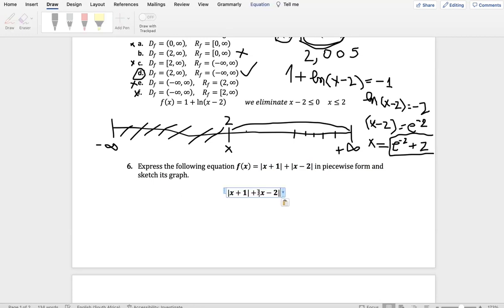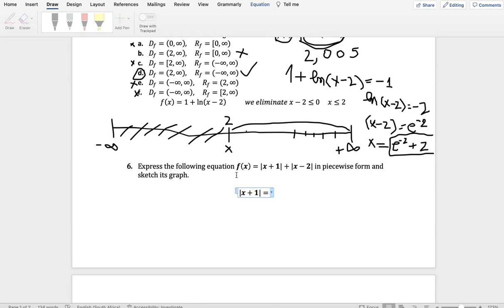And what I was saying is, when you have absolute values and you have to define them in piecewise form, you have first to explore all the possible signs that whatever is under the absolute value sign can have, right?